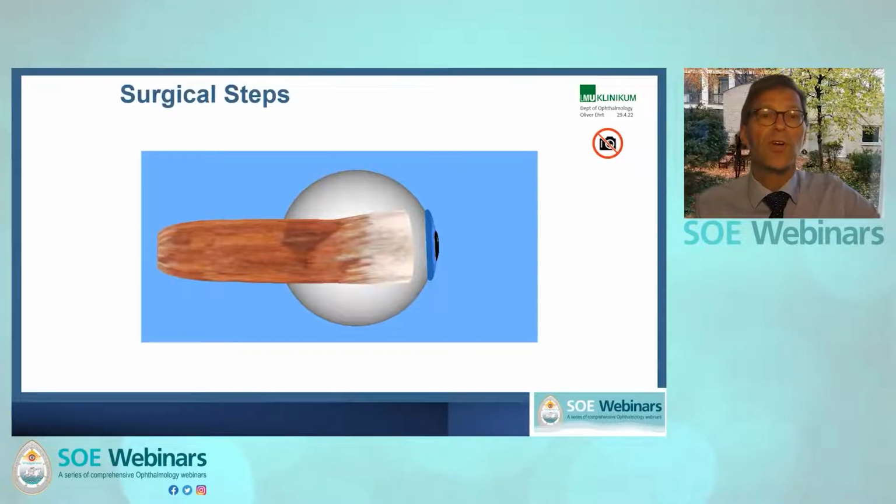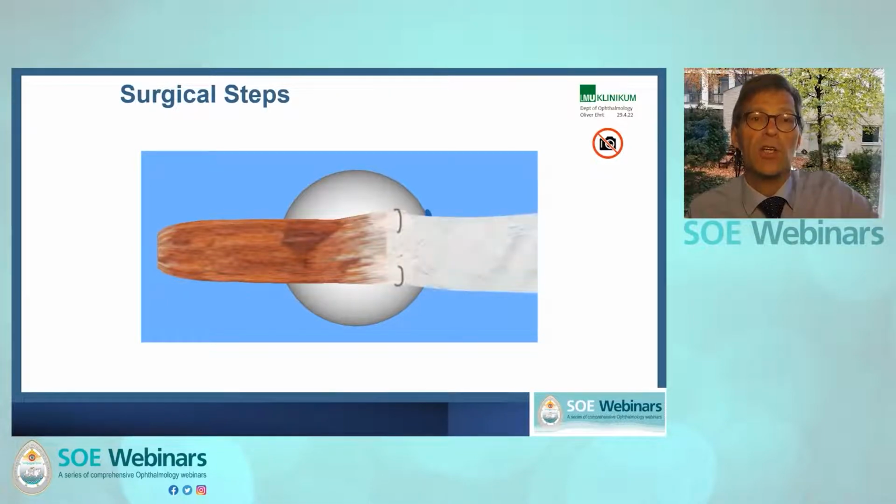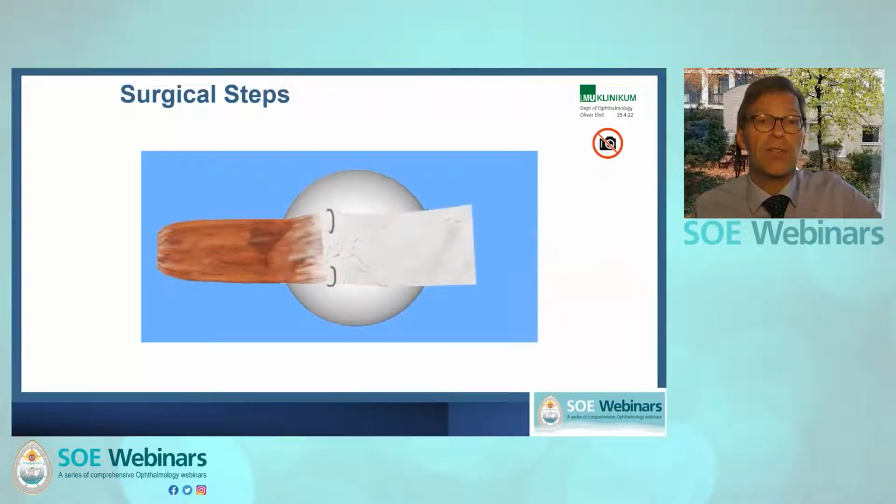So what are my surgical steps? Here I have a muscle which I want to recess and elongate the tendon. I take a stripe of Tutopatch which is just the same width as the muscle. I attach it with resorbable sutures, and I detach the muscle and let the muscle slip back.